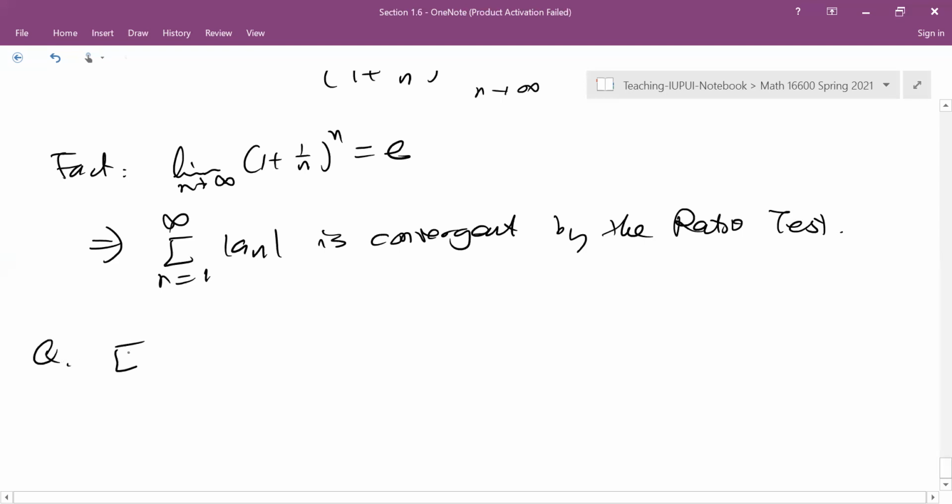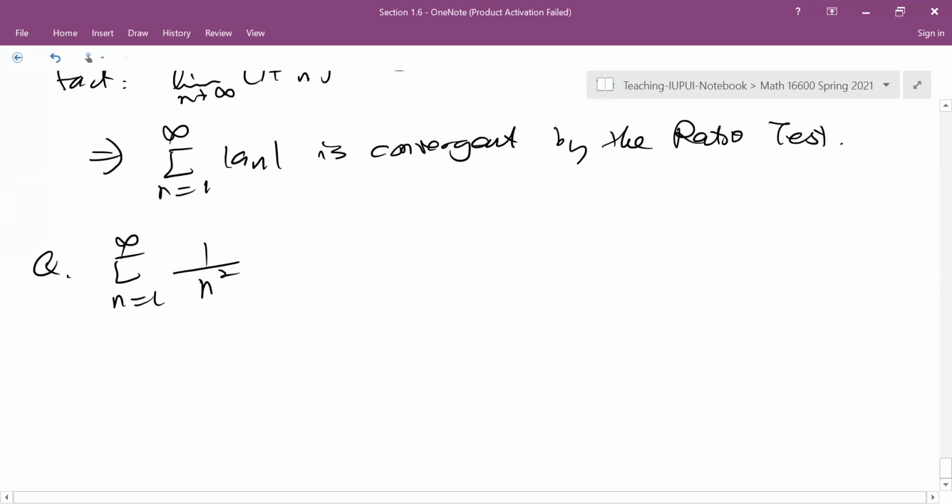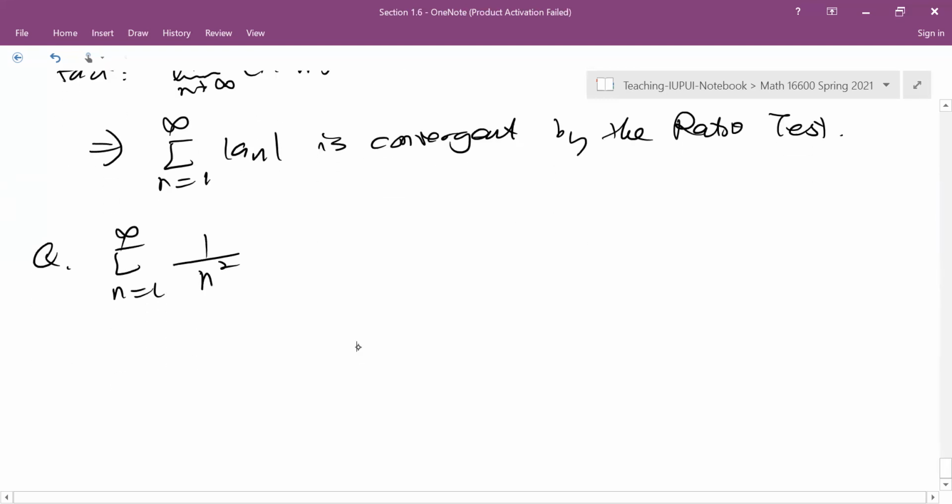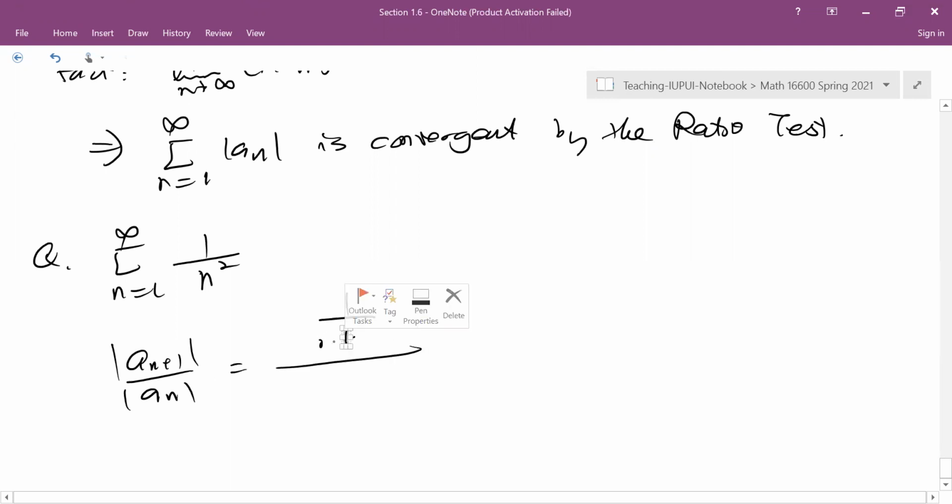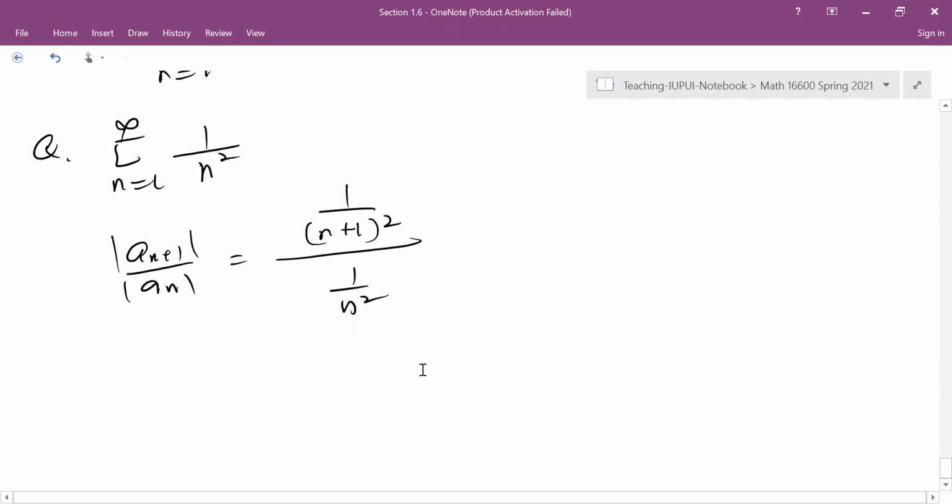For example, a problem like this, 1 over n squared. I know it's convergent by the p-series test, right? But if you want to use the ratio test, what do you get? The ratio is going to be 1 over (n+1) squared over 1 over n squared.